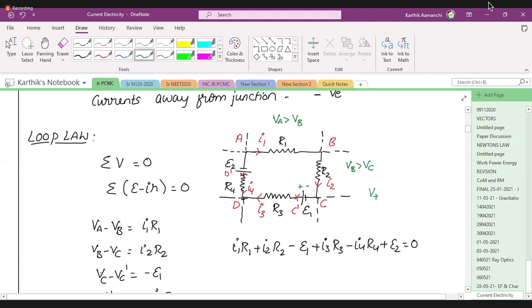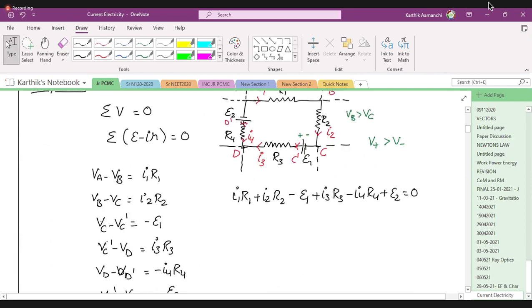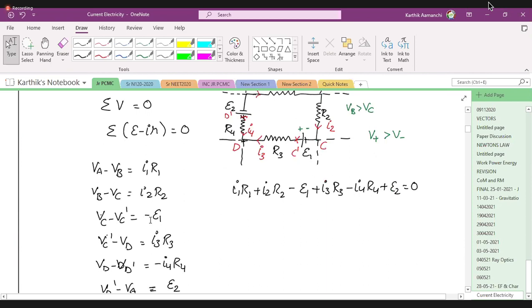Potential of positive is greater than potential of negative, isn't it? So you are going from where? Potential drop or potential rise? Rise, you are going, no? That's why you have taken minus E1.